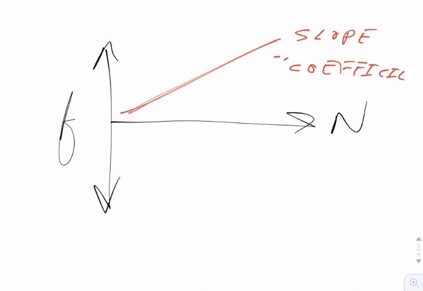And the coefficient of friction is the ratio of the frictional force to the normal force. It's a property of the two materials, and it's the slope of this line.